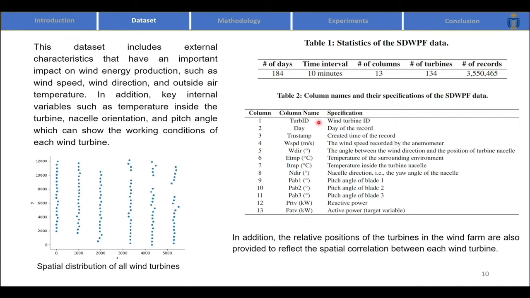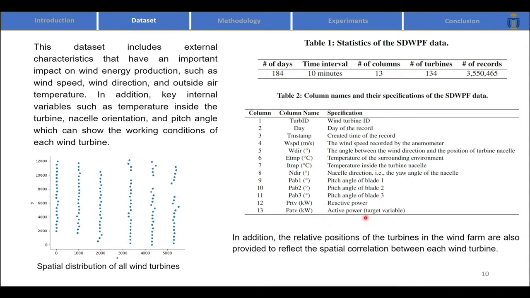Generally, the dataset mainly contains two kinds of variables. The first one is the external characteristics that have an important impact on wind energy production, like the temperature, wind speed, and wind direction. The second kind is the internal variables, like the pitch angle, nacelle direction, and others.